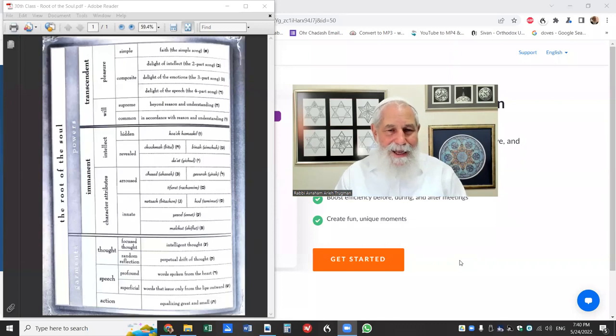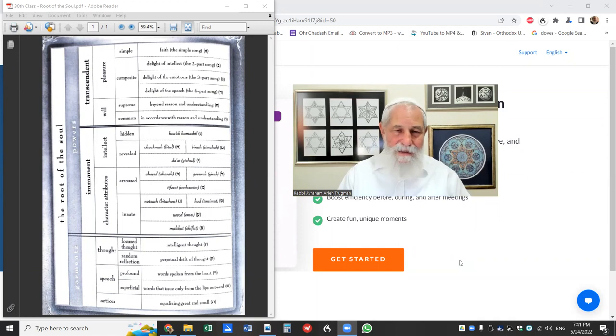So in thought, there are two types of thought, and I think everyone will understand this very well. There's what's called focused thought and random reflection. Focused thought obviously is when we are thinking about something and we're focused. Our mind isn't all over the place. We're trying to remember something, think of something.